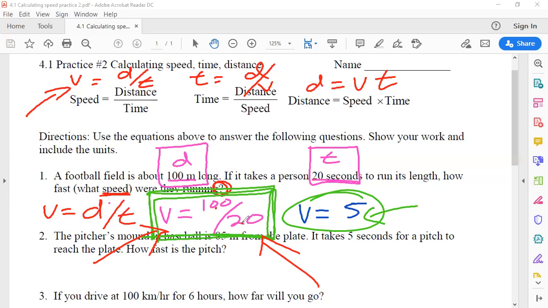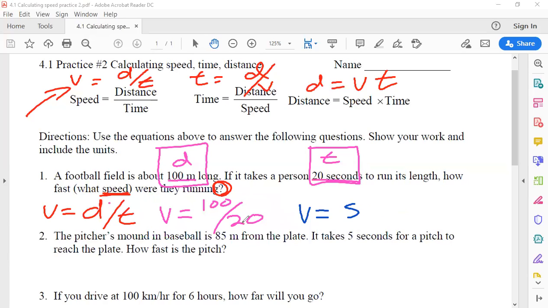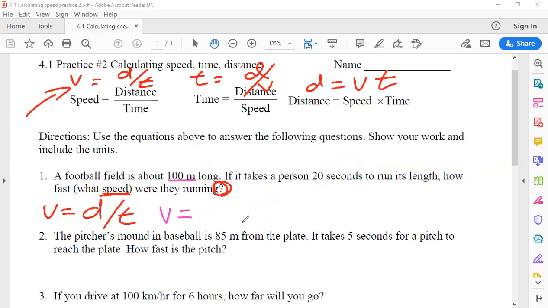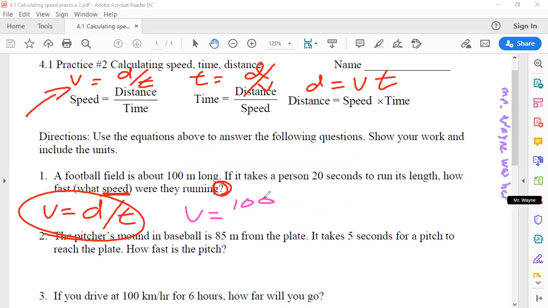So those are our steps for solving the equation. Step one is to use the correct equation. Step two, we're going to rewrite it with the amounts from the problem.